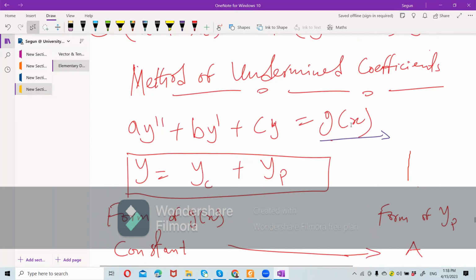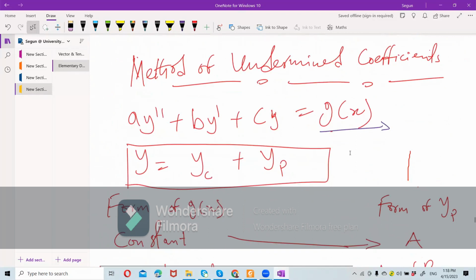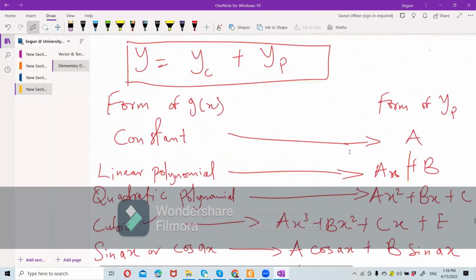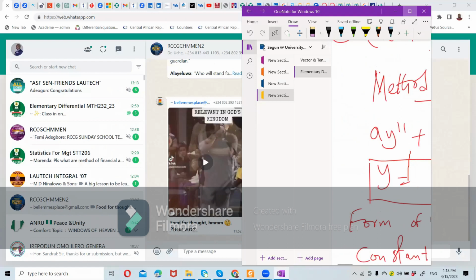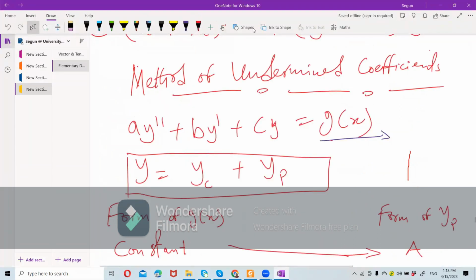Homogeneous is when your g of x is equal to 0. But when your g of x is not equal to 0, that is non-homogeneous. Then we have different forms of g of x.